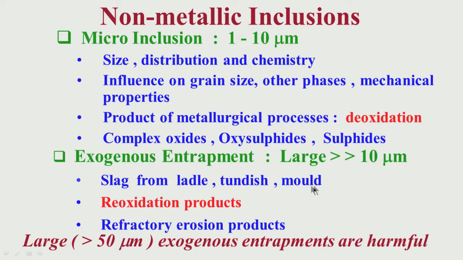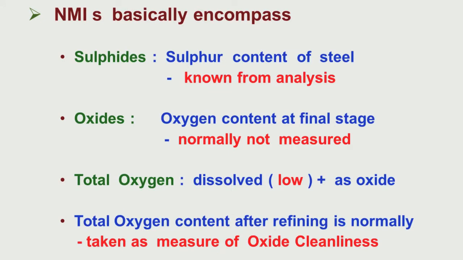So, these are the three broad genesis of exogenous entrapments, which are relatively larger in size. Then I talked about NMIs.